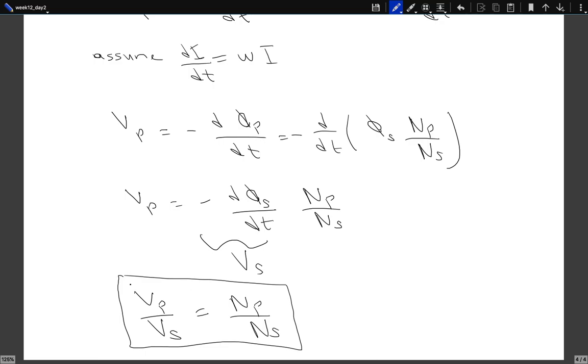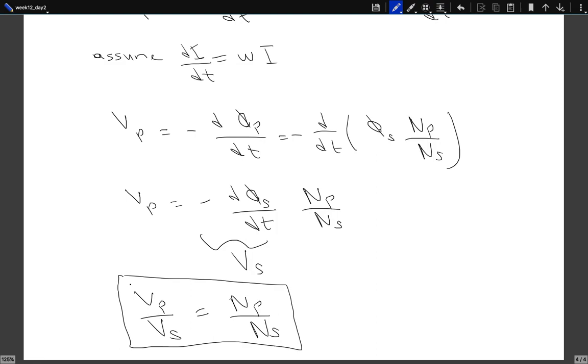Now, what does this tell me? Suppose you have some initial potential and you want to change that potential to some other value. Maybe the initial potential is 100 volts, but you want to have 1000 volts. So you want this ratio to be 10.